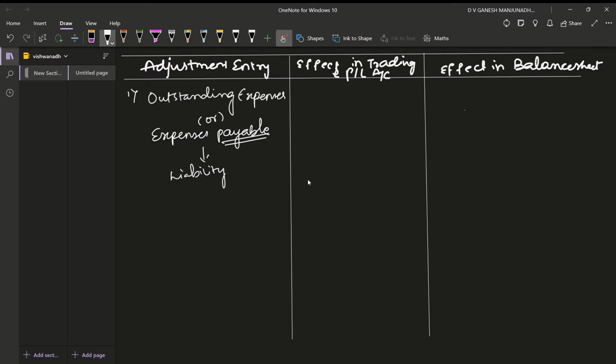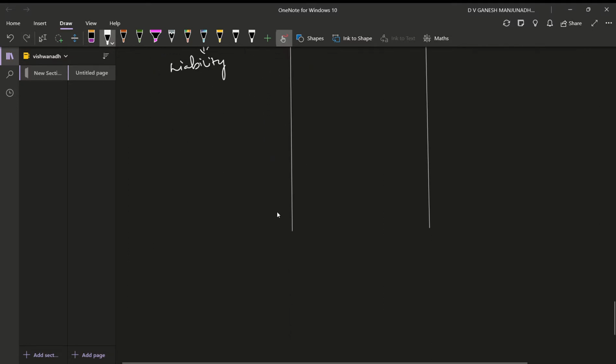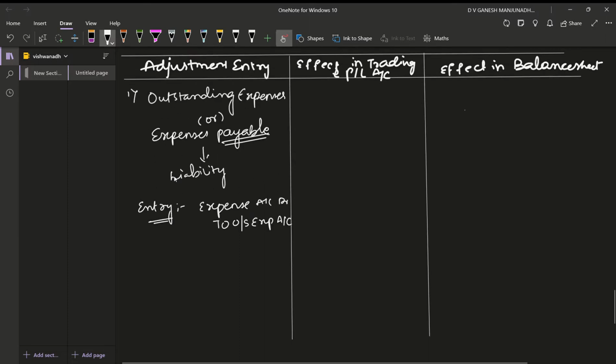Then what will be the adjustment entry? Sorry, we can say it is the adjustment entry only. The entry is: expense account debit to outstanding expenses account.